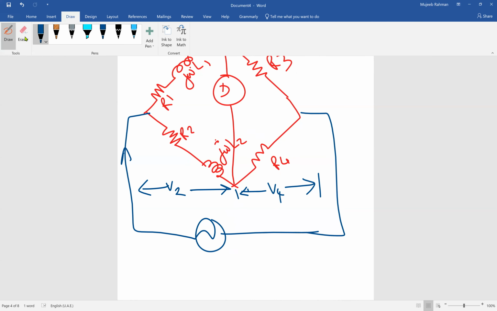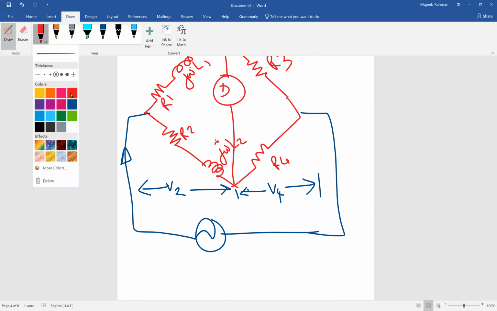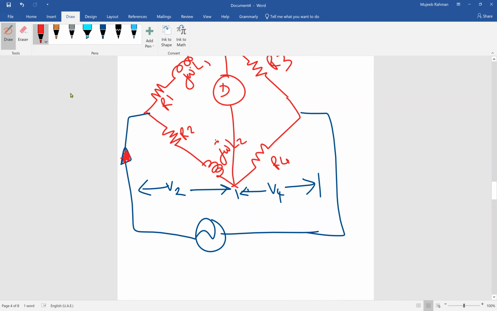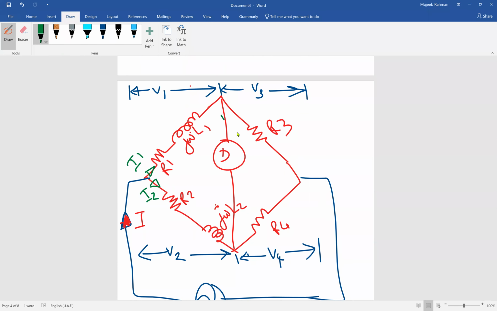Assume that the incoming current is I, and this current is going to split into two. This is I1 and this is I2. At balance condition, you know that the current through the detector branch is equal to 0. The same amount of current is also going to pass through resistor R3, so this is also going to be I2. The reason is there is no current through this particular detector.